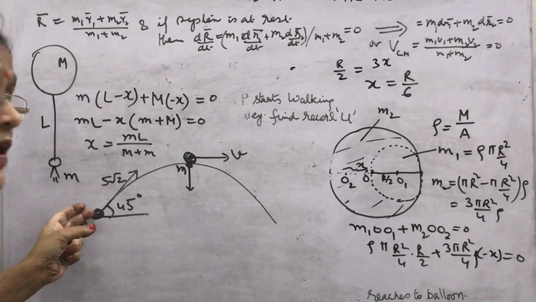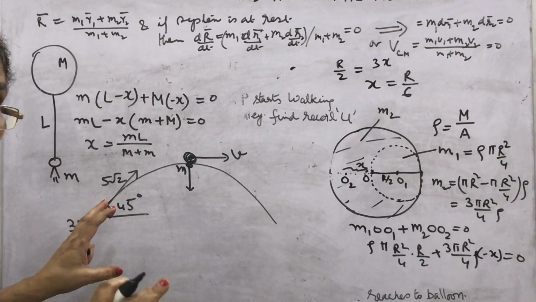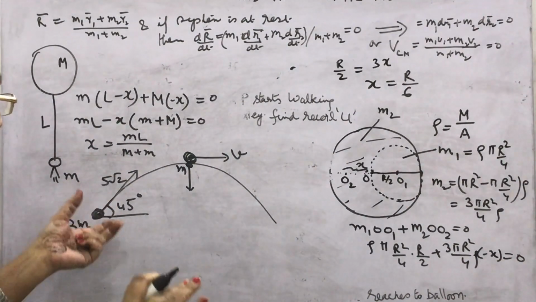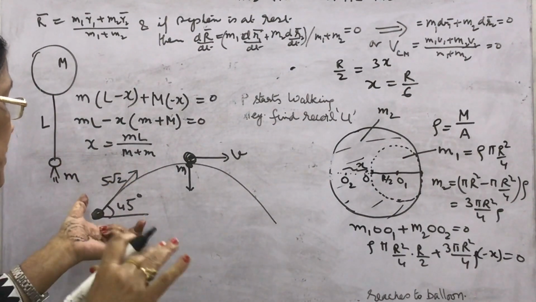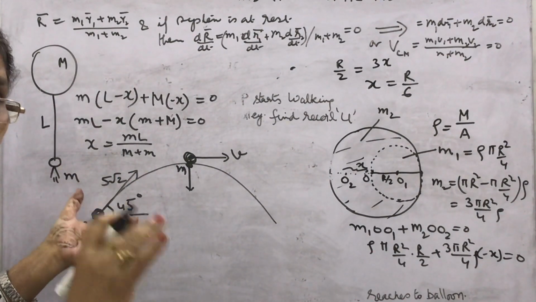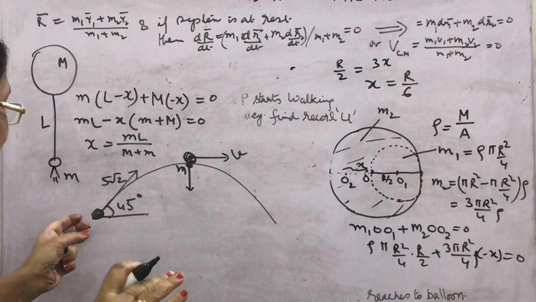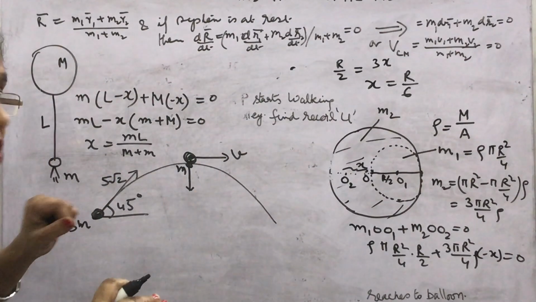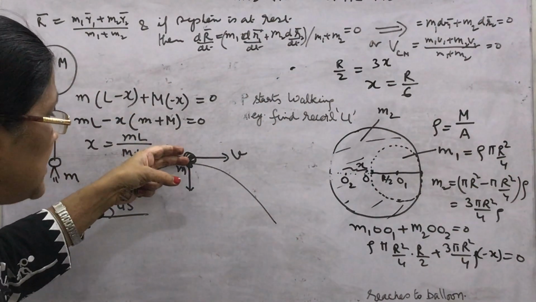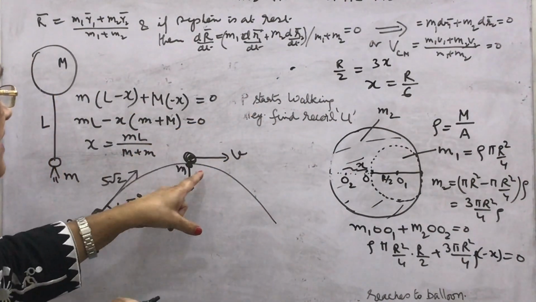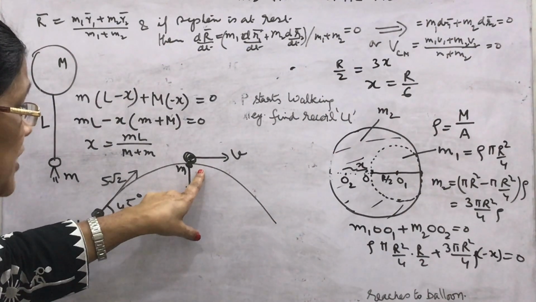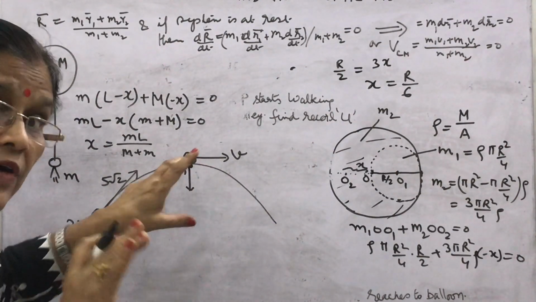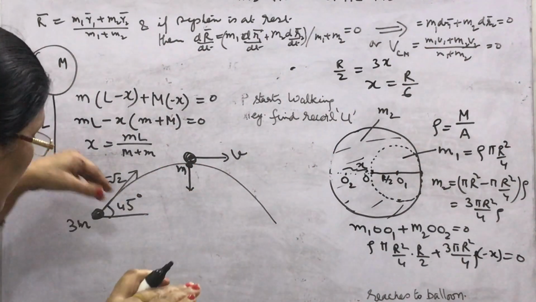Initially the shell is fired here. Initially the system is not at rest, but since there is no external force, the initial momentum in the horizontal direction will be the same as the final momentum at the highest point. Why horizontal, not vertical?